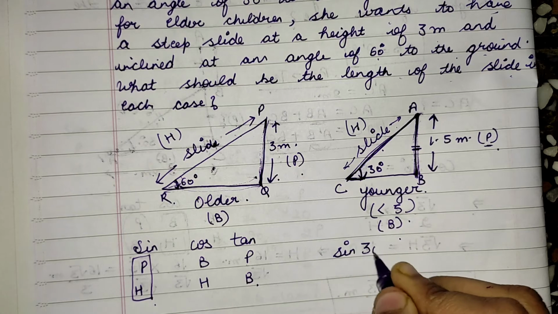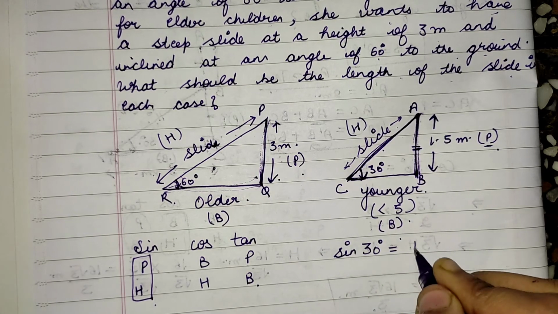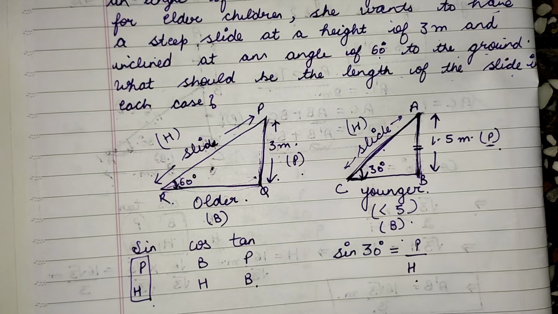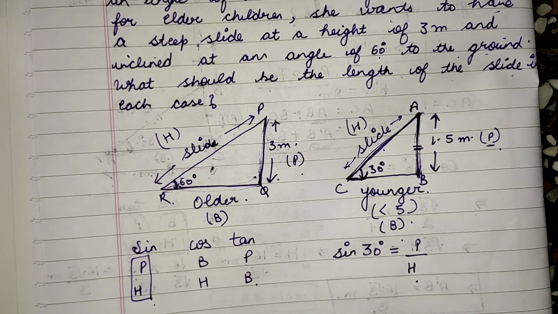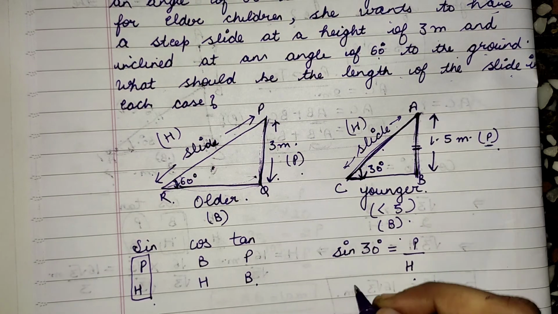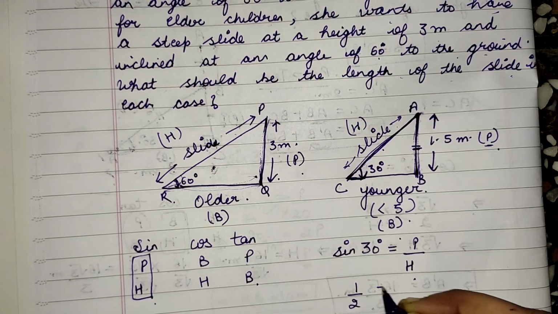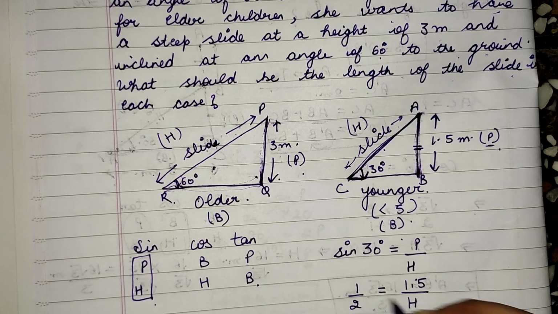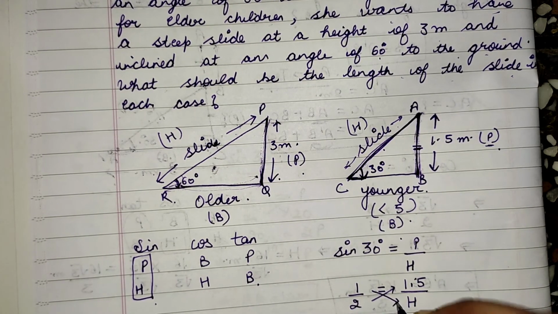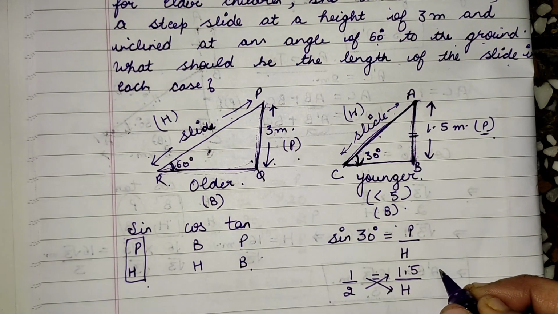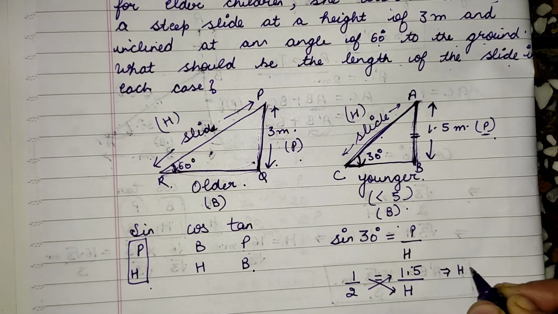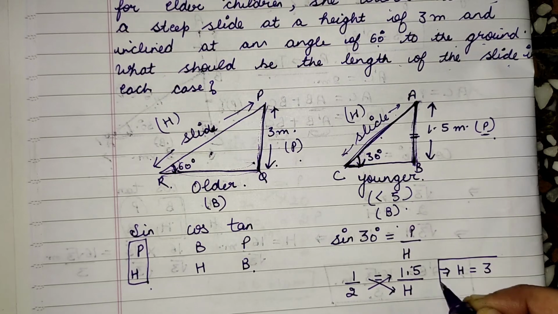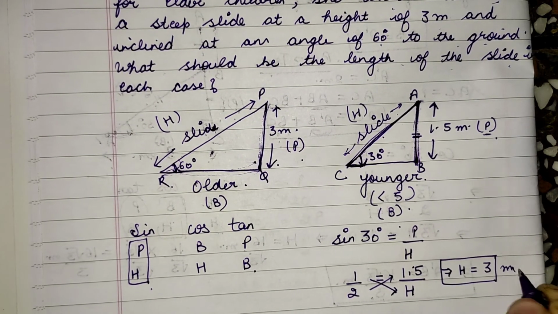hypotenuse, which is given by sine 30 degree, equal to perpendicular by hypotenuse. So sine 30 is what? Sine 30 is 1 by 2, perpendicular is 1.5, divided by hypotenuse. If I do cross multiplication, I will get hypotenuse equal to 3 meter.